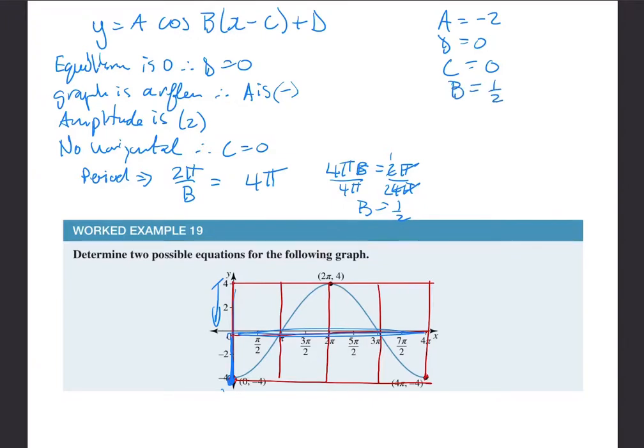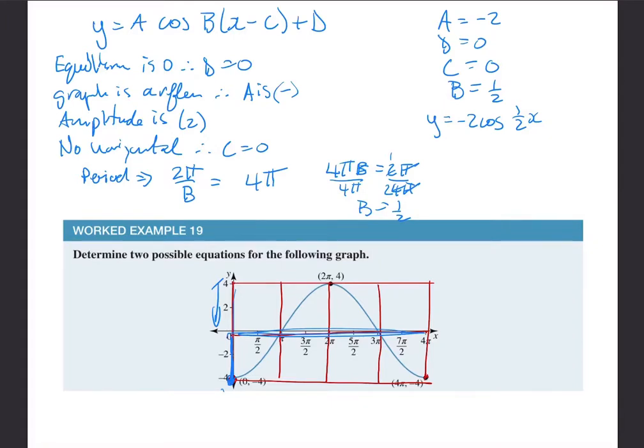So what's my equation? My equation will be y equals negative the cos of B, B is a half, x. There's no C, there's no D, so that is my one graph. Why did I say amplitude is 2?